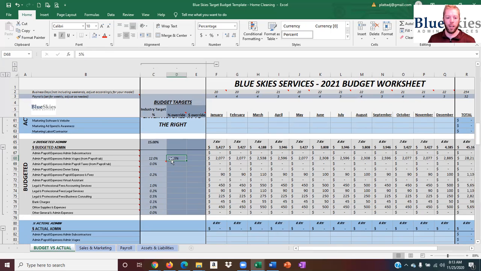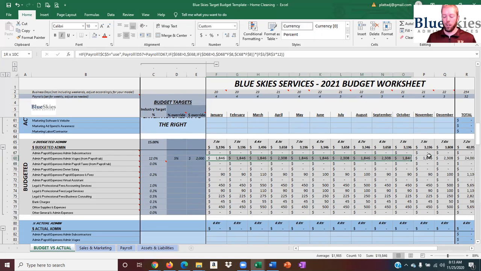Basically all these cells are meant to look at first the industry target, and then if you type something in the percent override, it's going to grab that. And then if you type something in the dollar override, it's going to grab that. So for example, if I said, well, I have $2,000 a month I can spend on an admin person, it's going to layer that in.